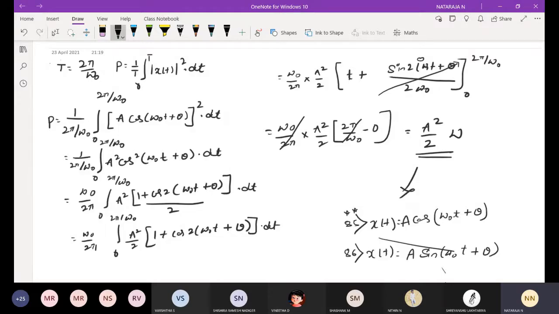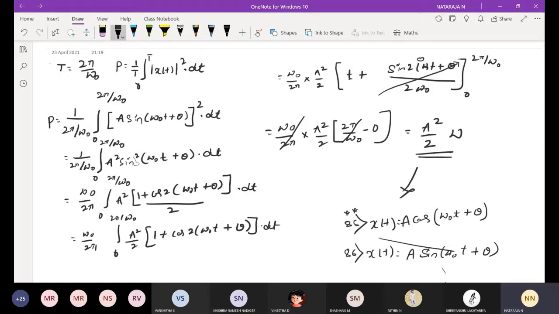What is the answer? The signal they had given is a sin omega naught t. Here also you will get a sin term.